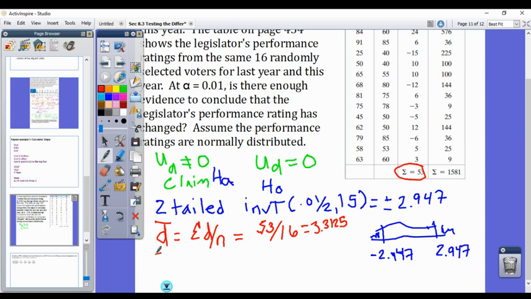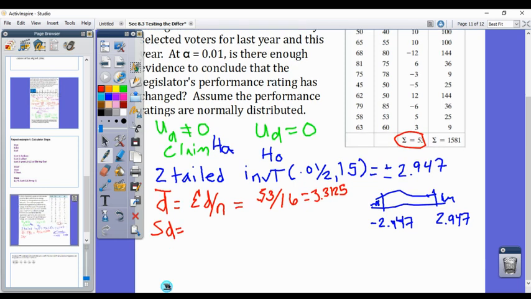All right, and then we'll find our standard deviation. Okay, so that is the square root of the sum of d squared minus sum of d squared over n, all over n minus 1.